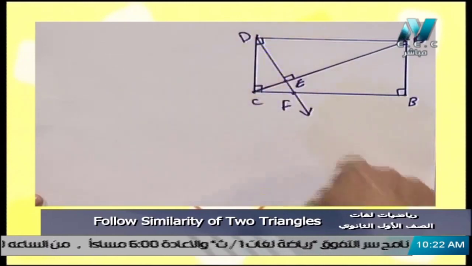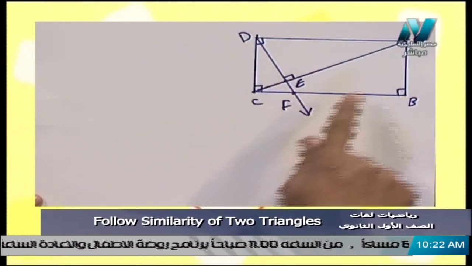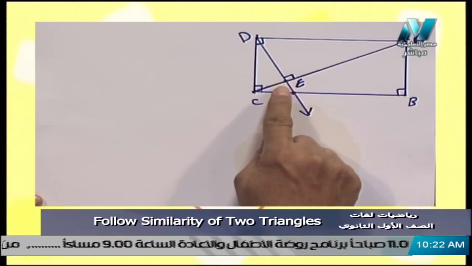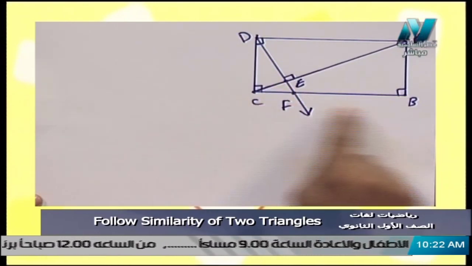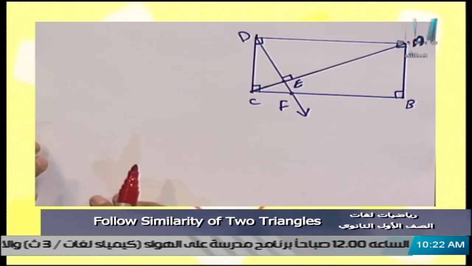And if we draw AF passing through E and perpendicular to AC, intersecting it at E, and intersecting CB at F, what is the request here?